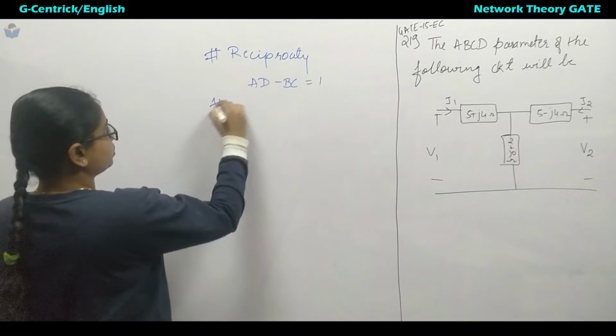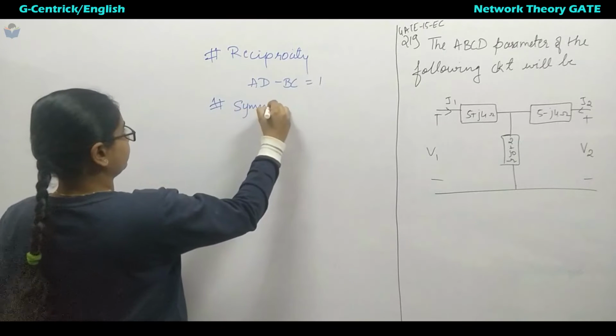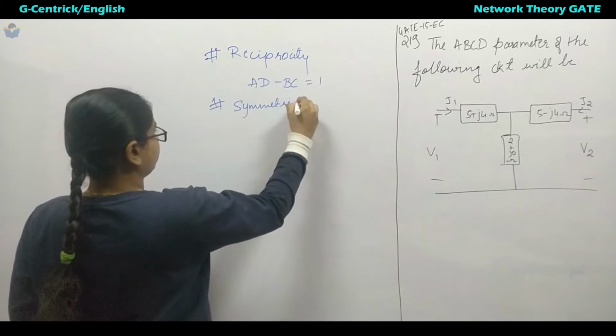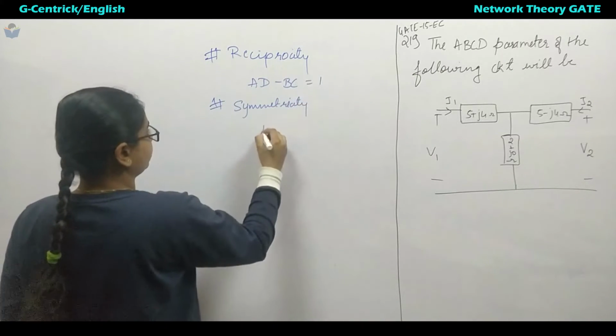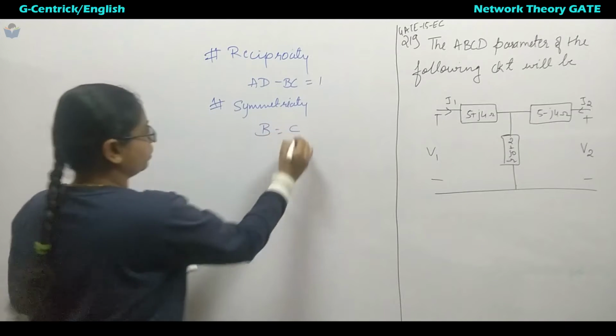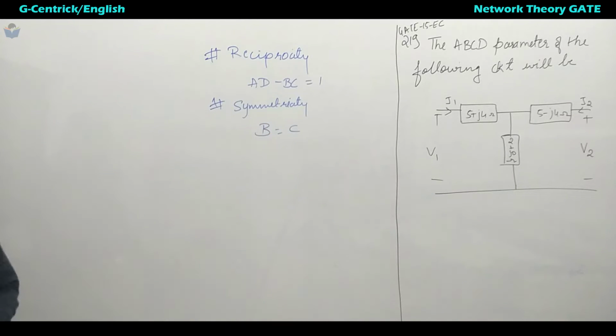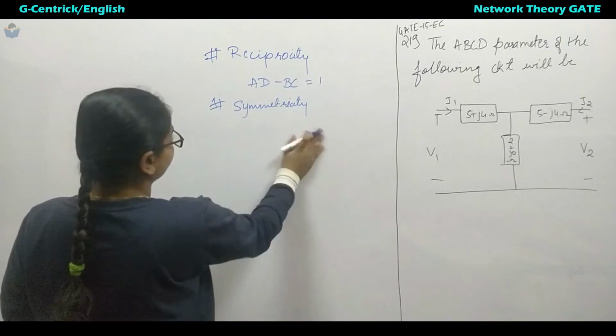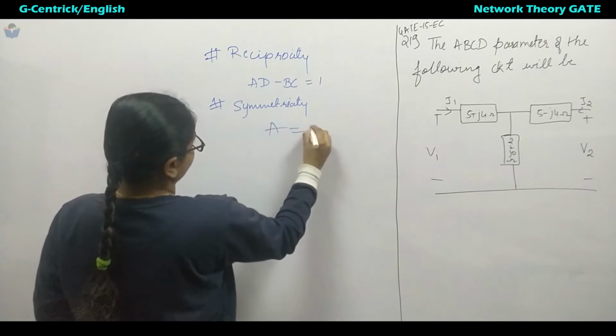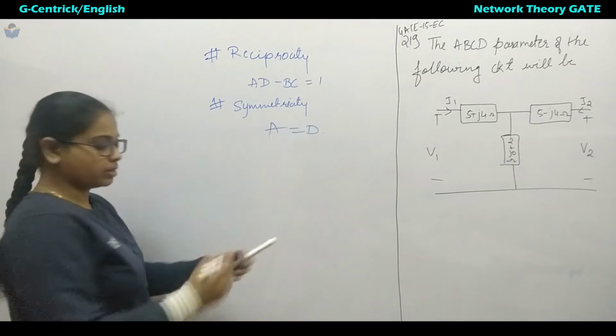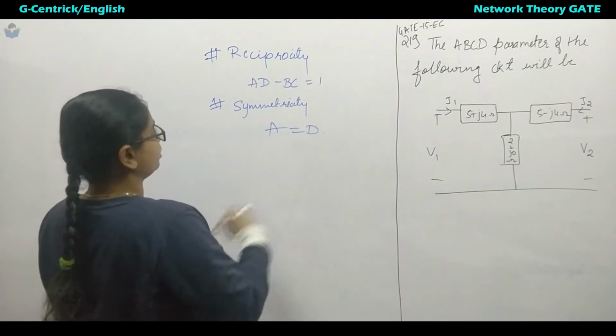For symmetricity, you can write A equal to D. So this is for the symmetricity and that is for the reciprocity.